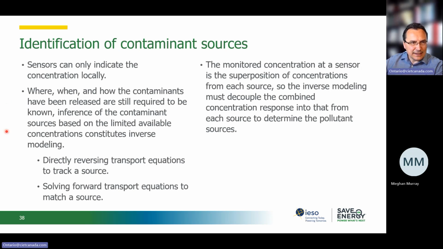We have directly reversing transport equations to track the source based on the measurements we take. We have solving forward transport equations to match a source to some of these measurements.